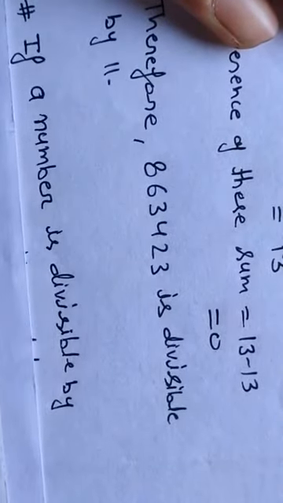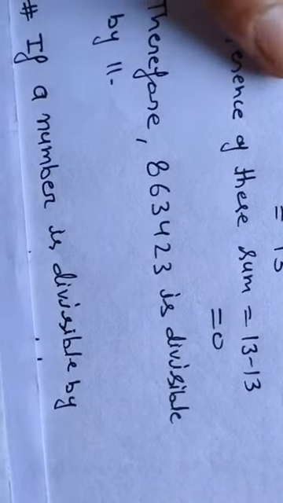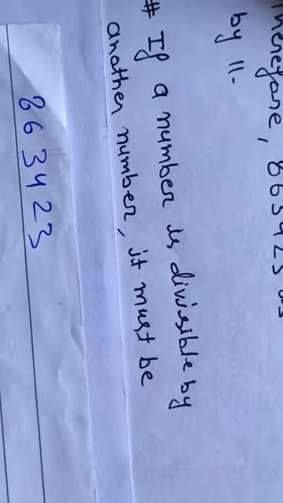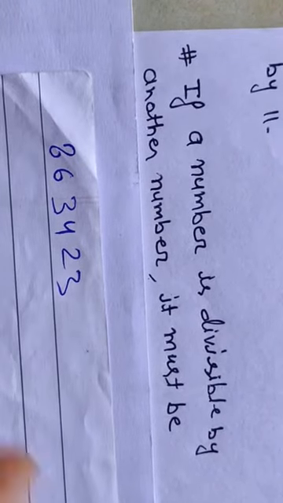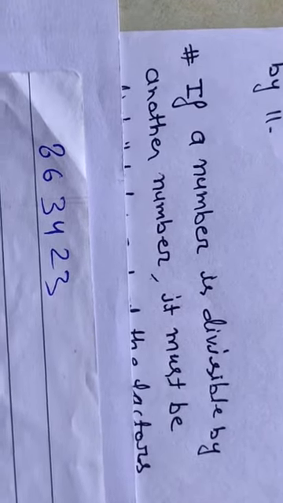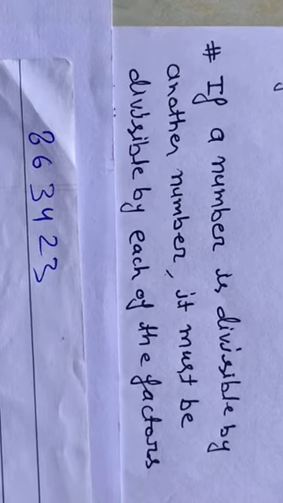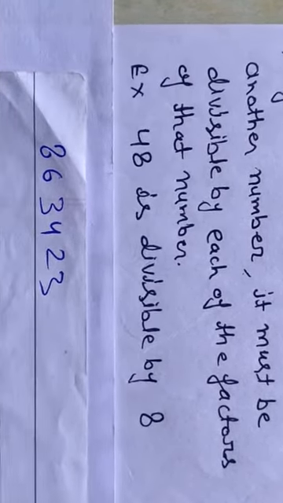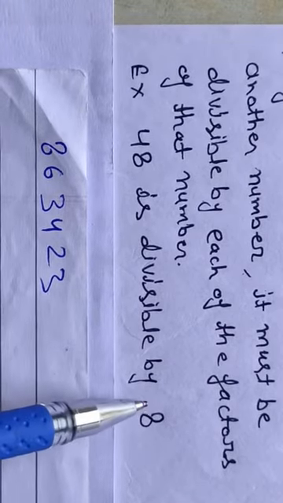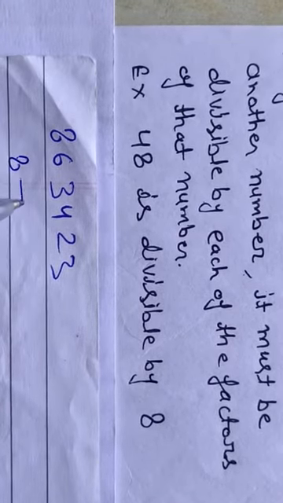Okay, now important, see carefully. First, if a number is divisible by another number, it must be divisible by each of the factors. Means 48 is divisible by 8. So what are the factors of 8?